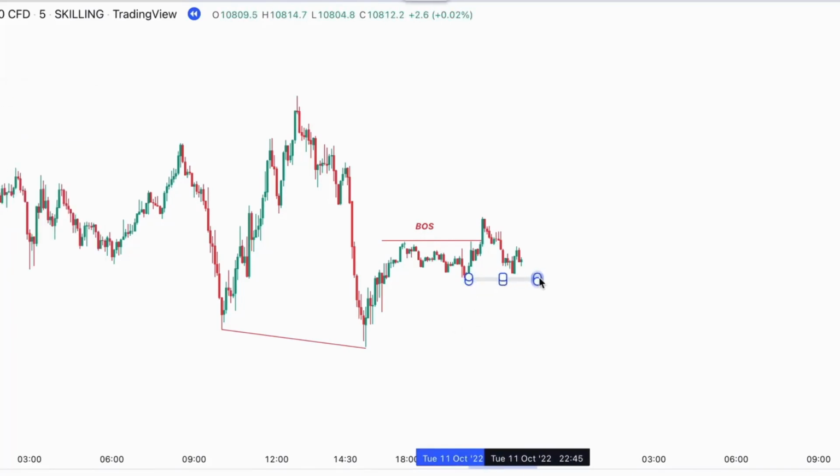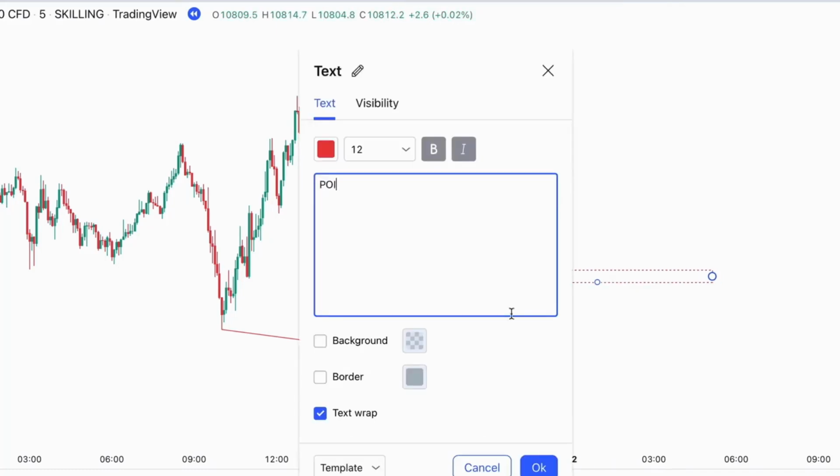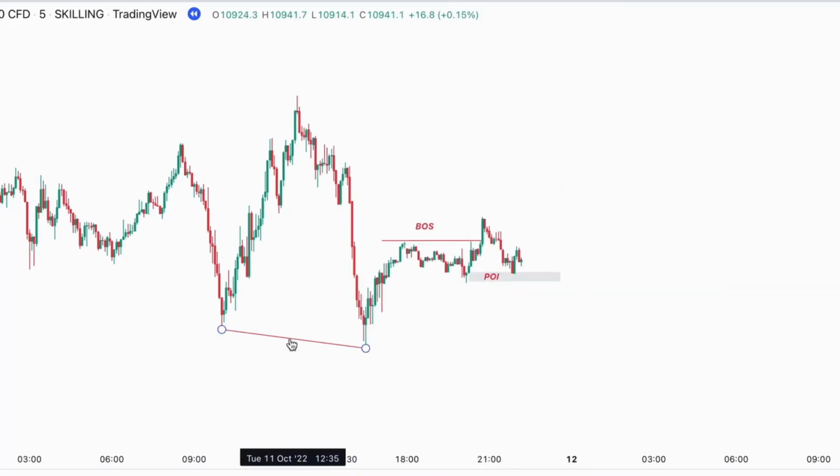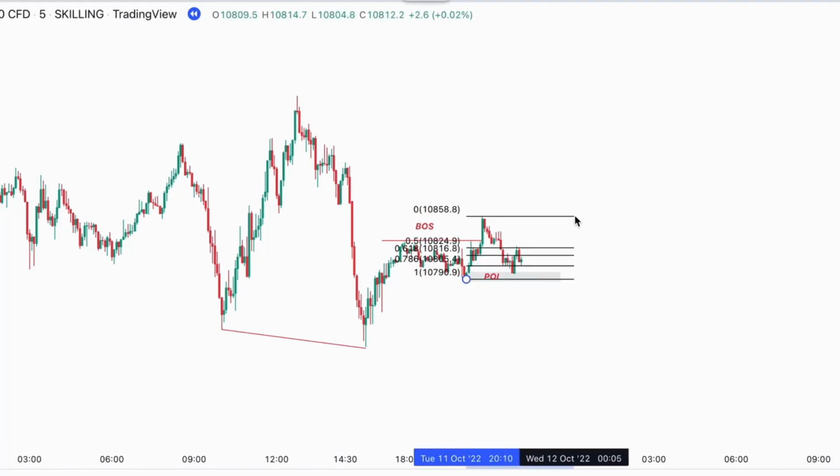Once we have this change of character, we define this order block as our point of interest. We'll use our Fibonacci retracement tool to identify the discount level.